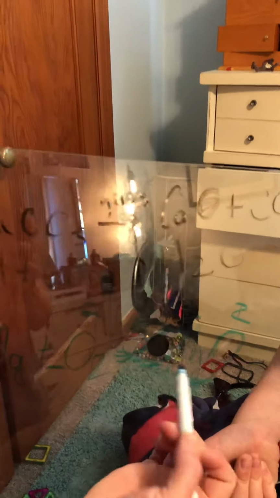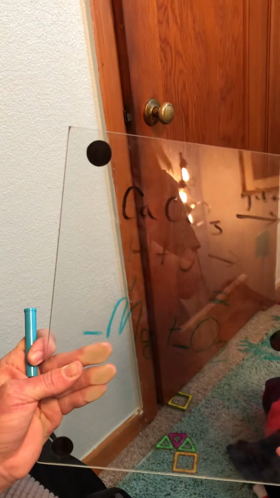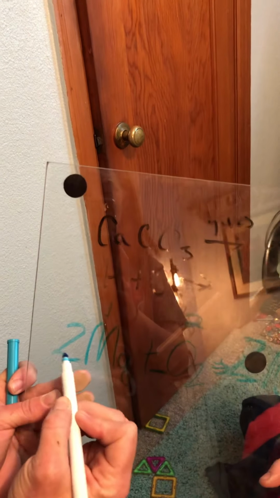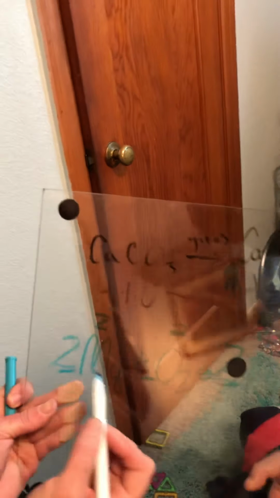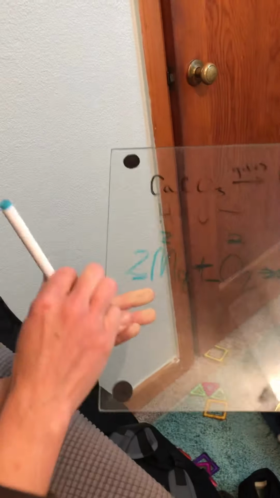How am I going to get 2 magnesium on this side? You put a 2 right here. 2 times 1 is 2. So I have 2 magnesium. The plus sign separates the oxygen. 2 oxygen, 2 magnesium, 2 oxygen. It's balanced. Tomorrow I will put white behind this and we'll be able to see it better.